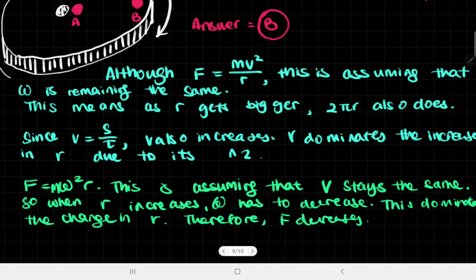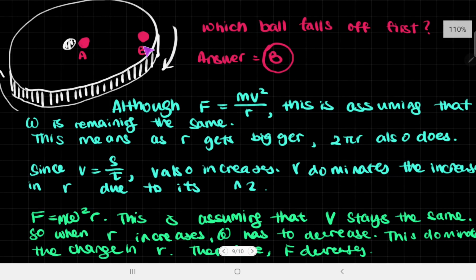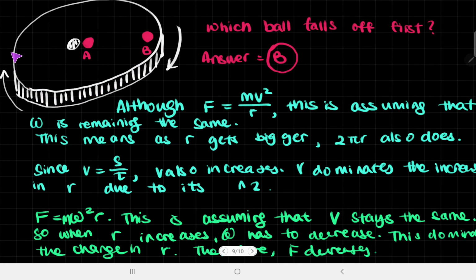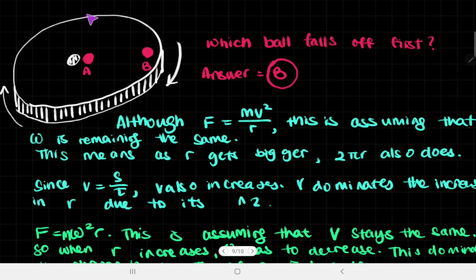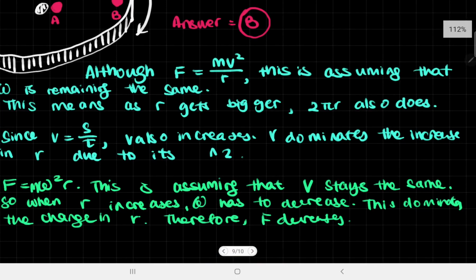Why is this so? Well, if it's traveling at the same speed, then when the circle is smaller, omega will increase. The amount of revolutions per second, the angle that it travels through per second, will increase. But if it travels through a bigger circle, the speed is the same, but the time taken for one revolution is much more, and therefore angular velocity will decrease.